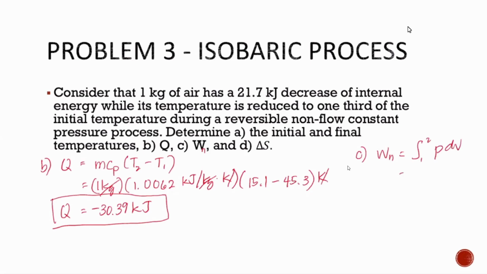In isobaric, constant P, so we have V2 minus V1.